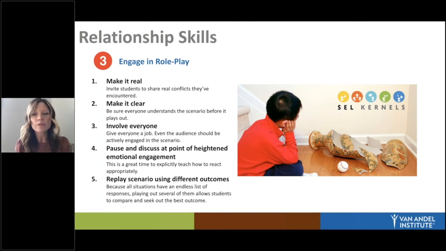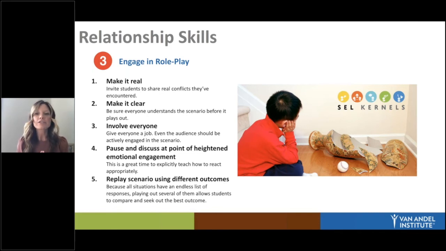There's a wonderful resource on the CASEL website that I have linked for you. They're called SEL kernels. These are great scaffolds. They're little cards that give you prompts on situations. And these ones that they have on the cards play out like they're real situations, showing how you can work through a problem when they come up.